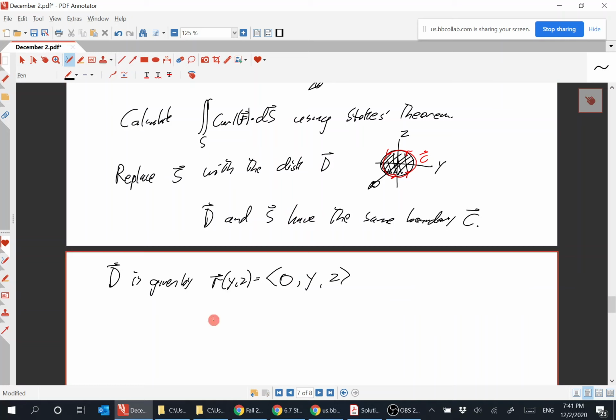All right, so let's take the cross product. The partial derivative of r with respect to y is 0, 1, 0, that's just j. The partial derivative of r with respect to z is 0, 0, 1. This part is a lot simpler too. So which cross product do I want, y cross z or z cross y, for my thumb to point this way?